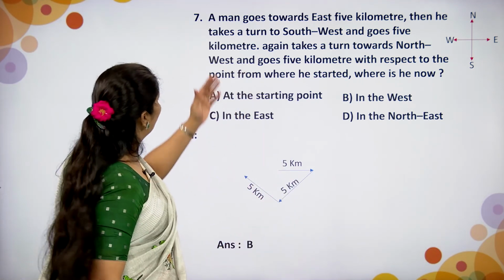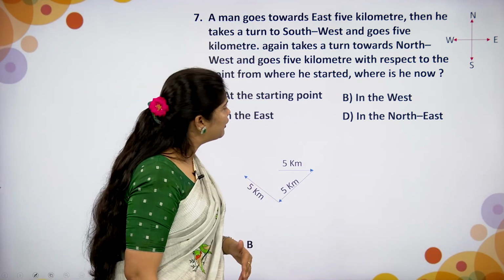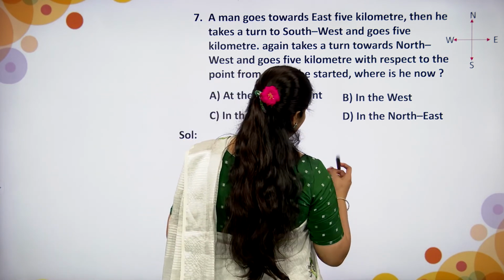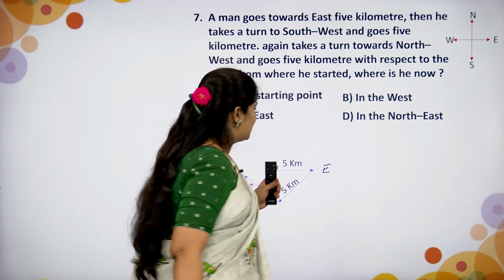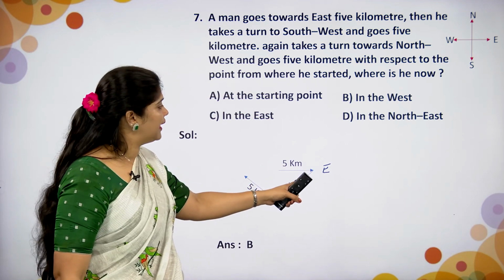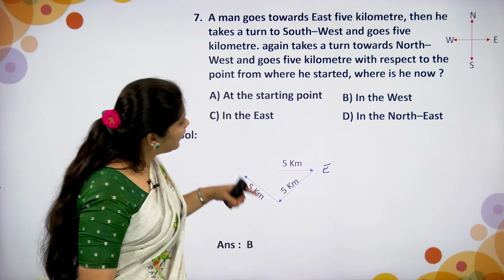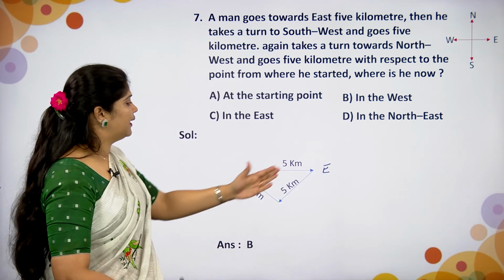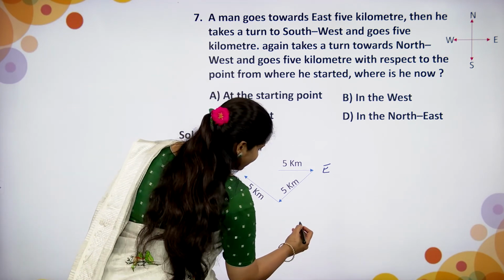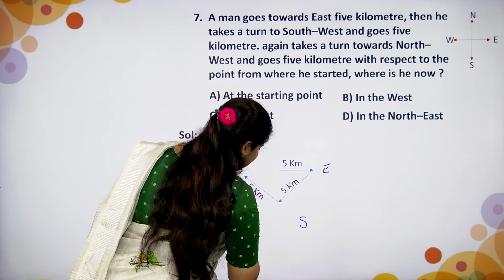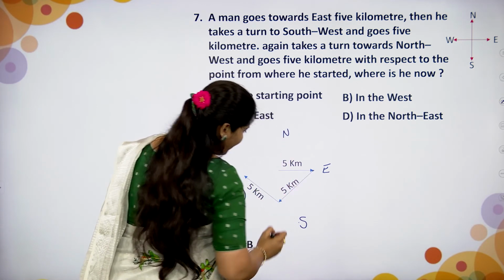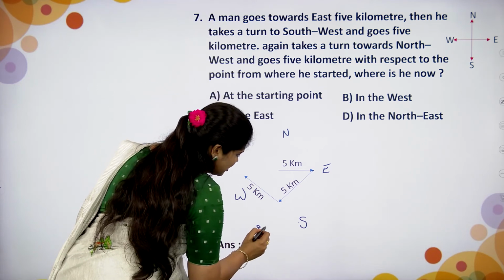Okay. Now, a man goes towards east. This is east direction, children. So the man travelled 5 kilometers in east direction and then he takes a turn to southwest, because this is south, this is west and this is north. This is the southwest corner.